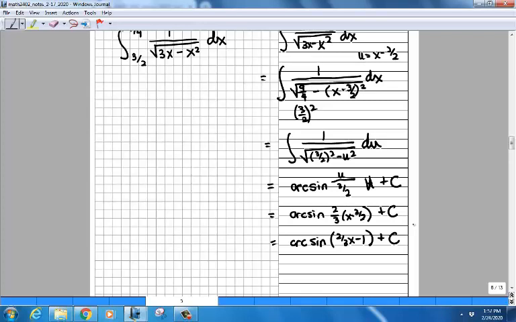That's only half of the problem, though, because we have to use it to evaluate the definite integral. So let's see, what am I evaluating here? Arcsine of, again, 2/3 x minus 1, and I'm going to evaluate that from 3/2 to 9/4.